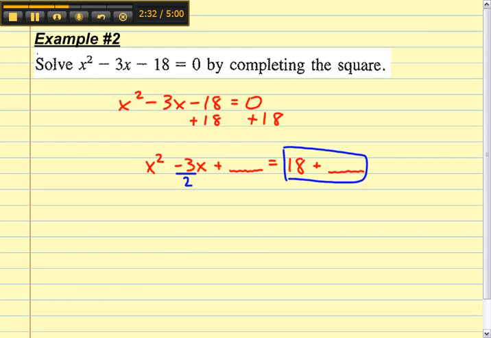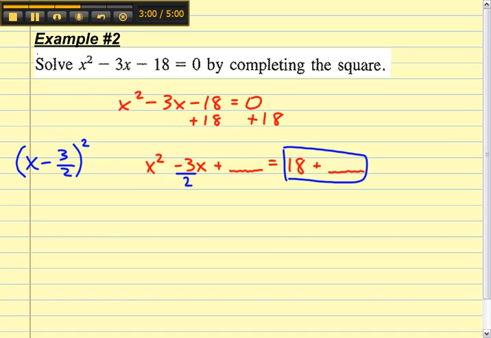Now, before I move on, what is this over here going to be as a perfect square? Remember what we talked about in that last example. Boyd, what's it going to be as a perfect square? Perfect. x minus 3 over 2 squared. I'm just going to leave that there because we're going to reuse it in just a minute.